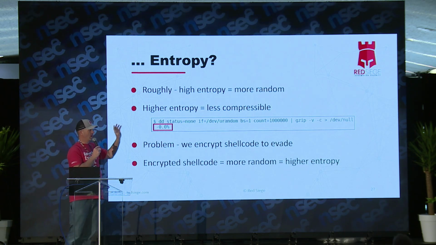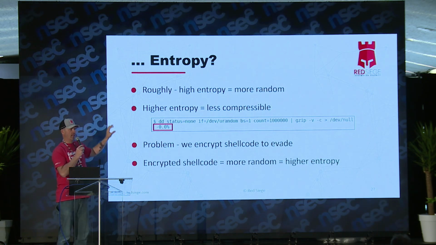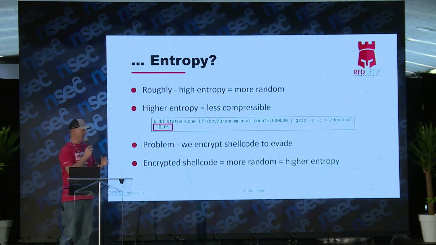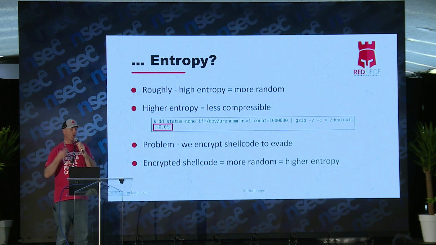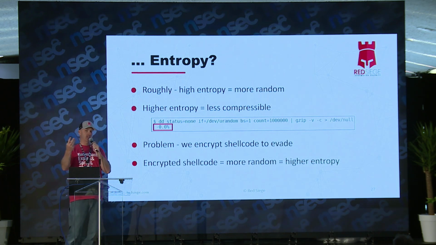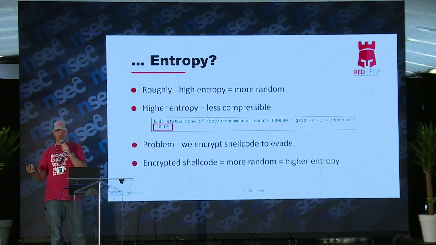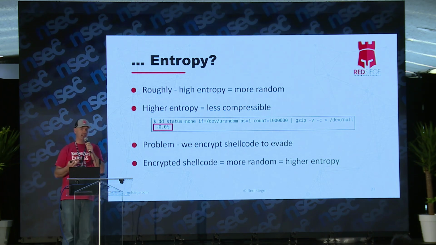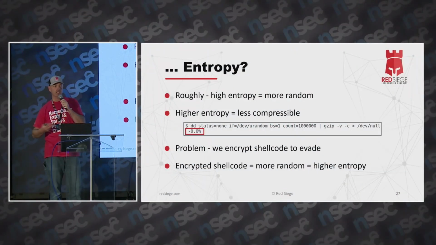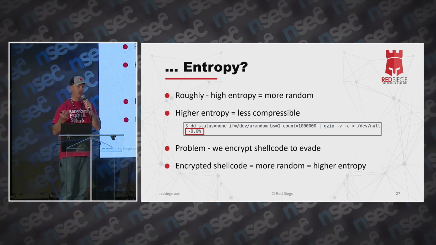So we've got highly random data, which is high in entropy, and we can't compress it. So here's where the problem comes in. We typically use some means of obfuscating our shellcode, usually encryption. And when we use encryption, it increases the amount of entropy in our payload.